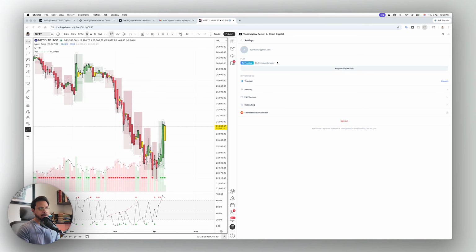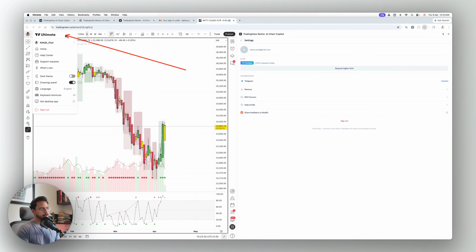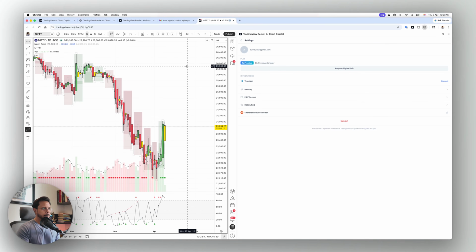This is something that I have to flag to TradingView because I am not on the premium version of TradingView. I am on the ultimate version of TradingView. So there is this disconnect. And I hope that the ultimate users will have far more requests per day than just 15. So that's just one small probable bug that they need to fix.